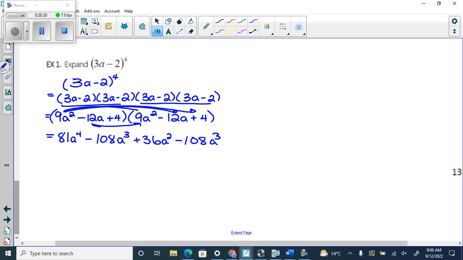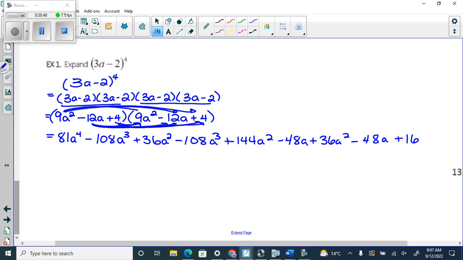Then negative 12a times negative 12a is positive 144a squared. Then negative 12a times 4 is negative 48a. And then the last term: 4 times 9a squared is positive 36a squared. 4 times negative 12a is negative 48a. 4 times 4 is positive 16.